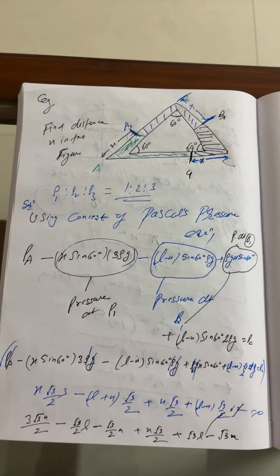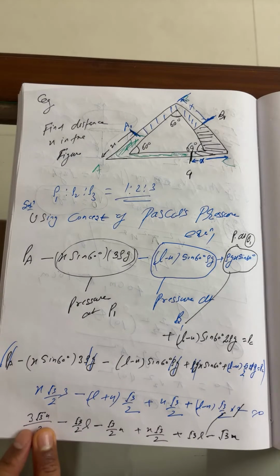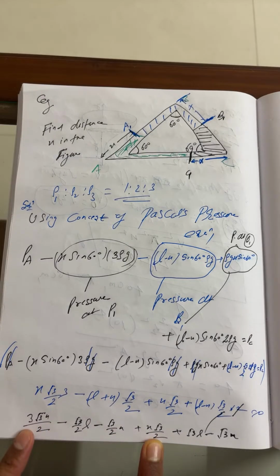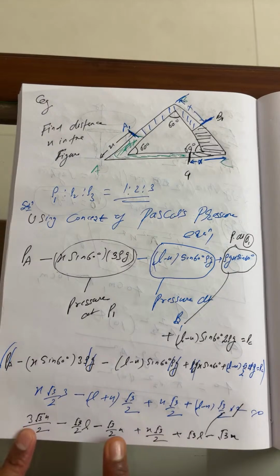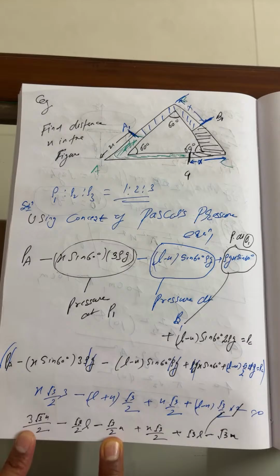This is root 3 x, this remains the same. So 3 root 3 and this is 4 root 3 x minus x root 3 by 2.